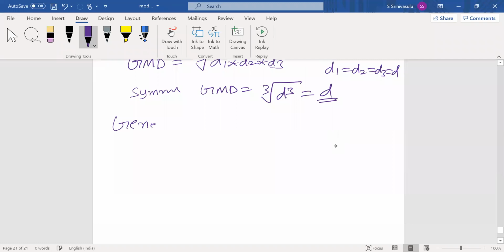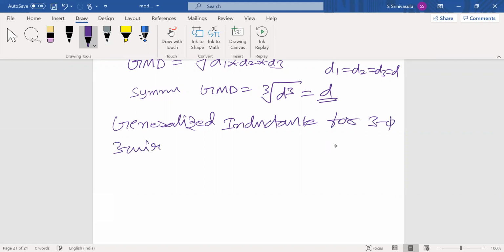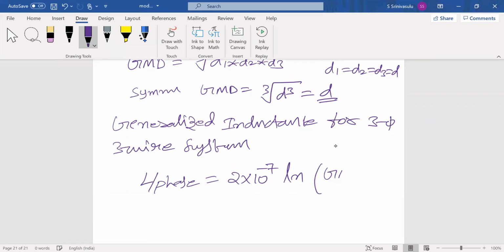Now the generalized formula we can write. The generalized formula for inductance for the three-phase three-wire system, whether symmetrical or unsymmetrical, is simply 2 into 10 power minus 7 ln of GMD by r dash.